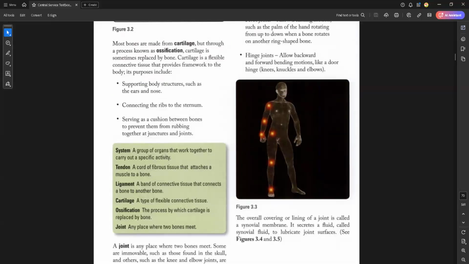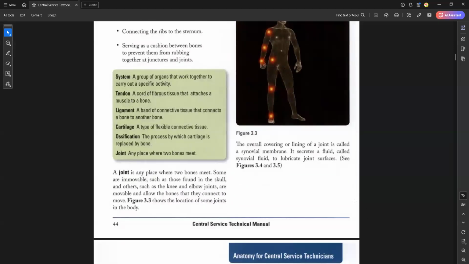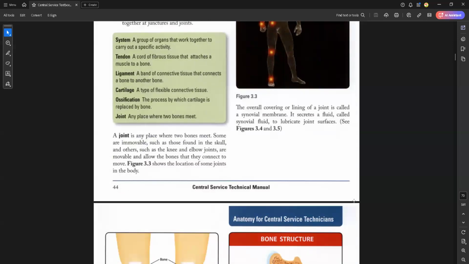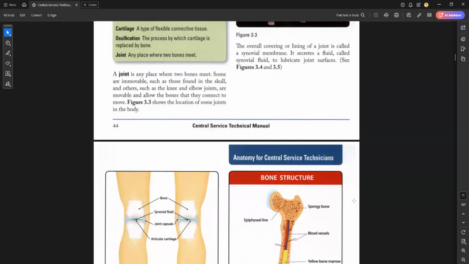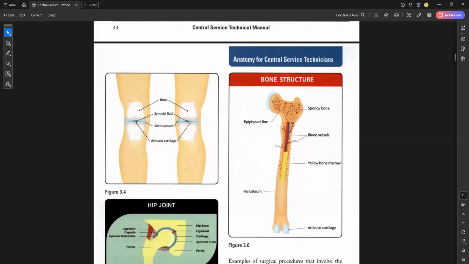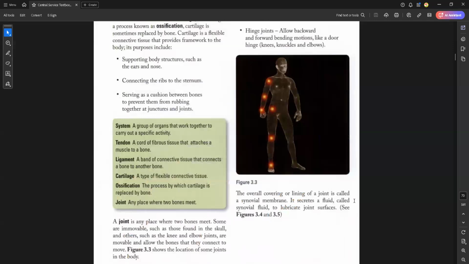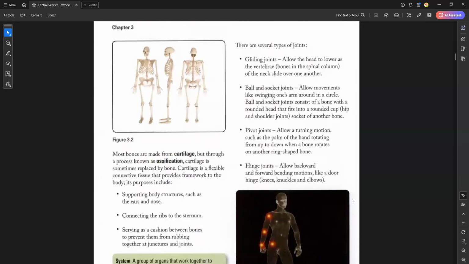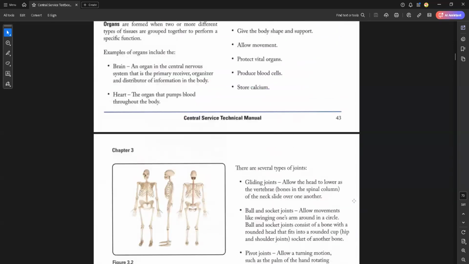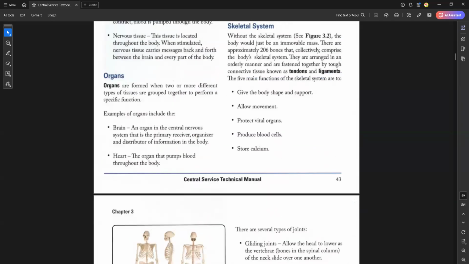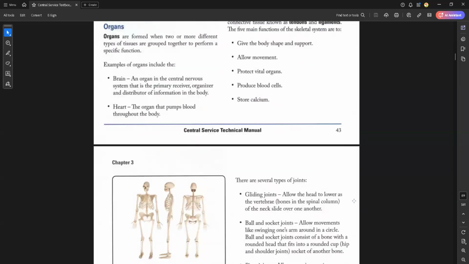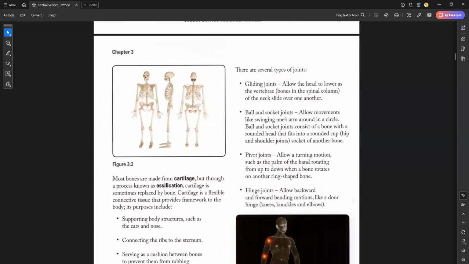Thank you. Yeah, hinge joint. Yeah, those joints. Oh, where we have those joints. Yeah, stop there. There are several types of joints. Yeah, stop there, please. Thank you.